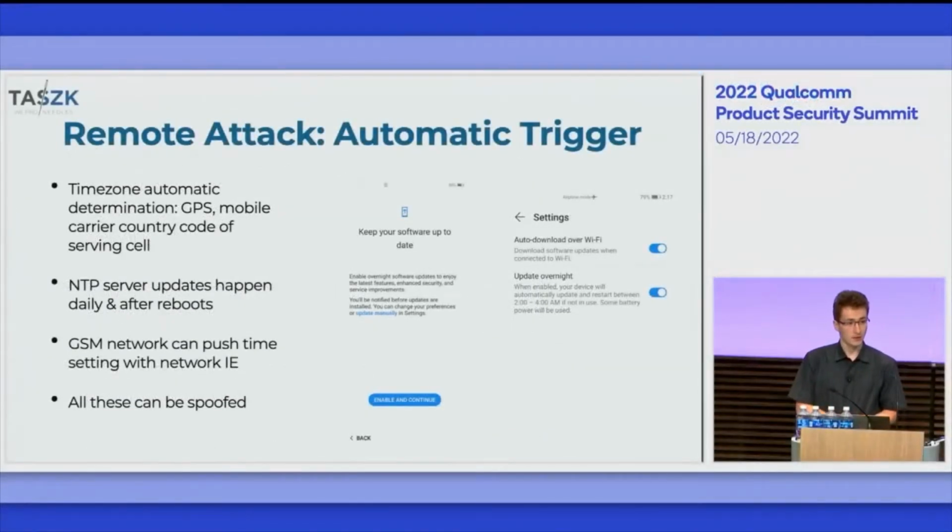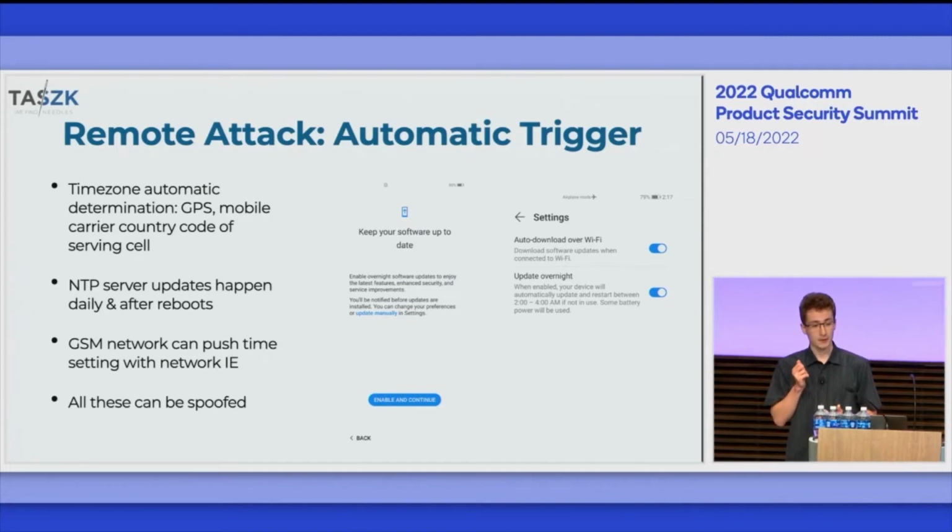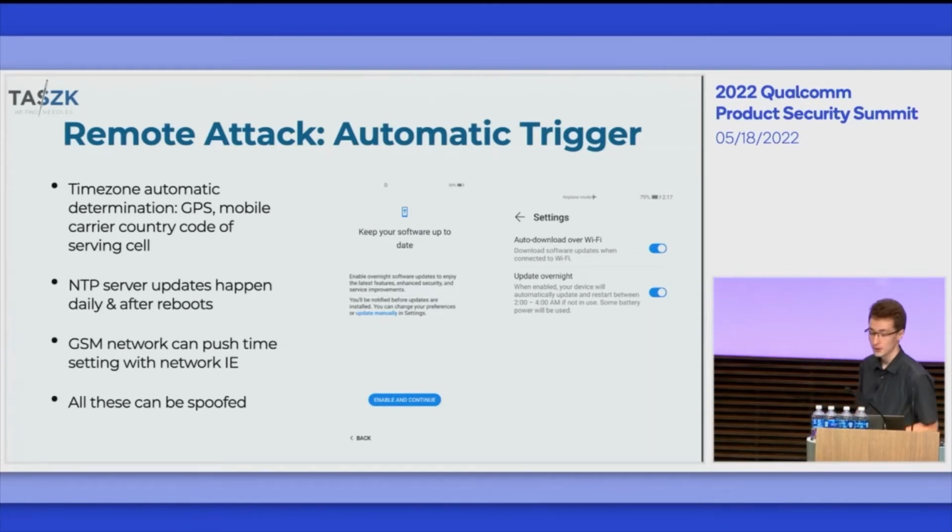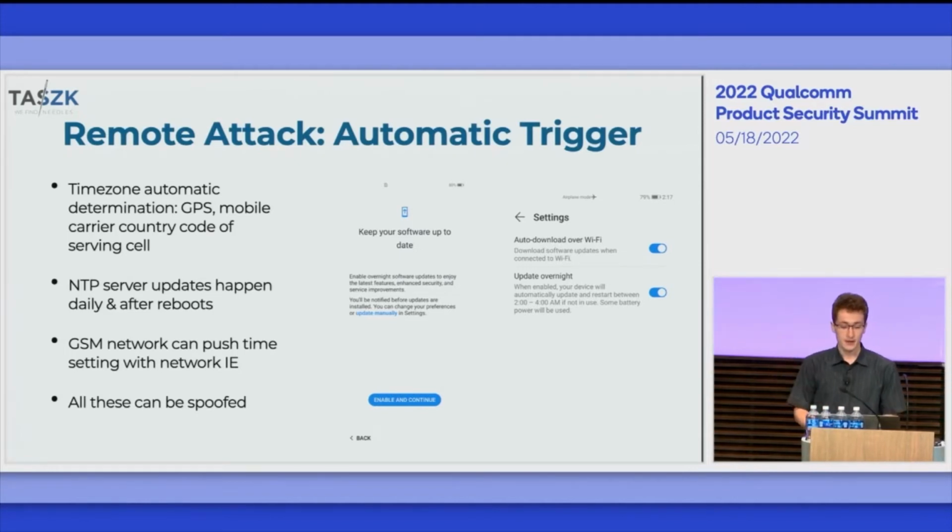An interesting aspect of this update process is the automatic trigger of it. Whenever someone sets up their Huawei phone for the first time, they will be greeted with those two setup pages, the first page, and as you can see, it's quite straightforward, going to enable automatic settings.